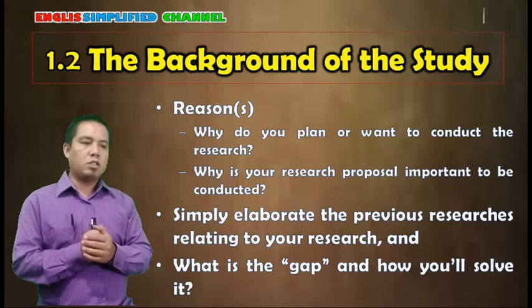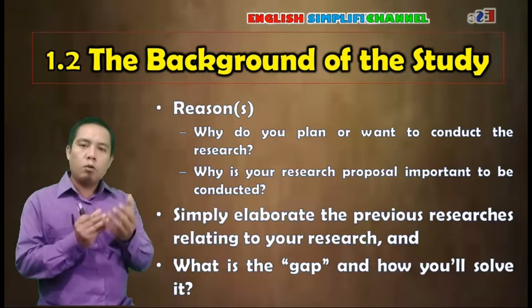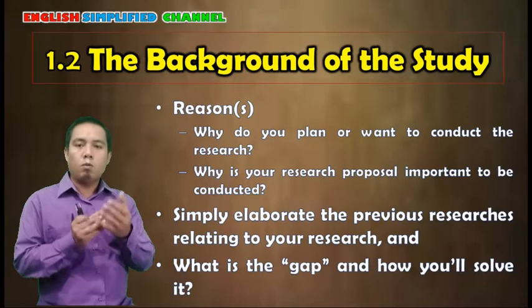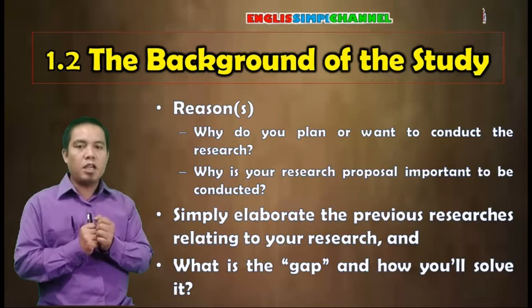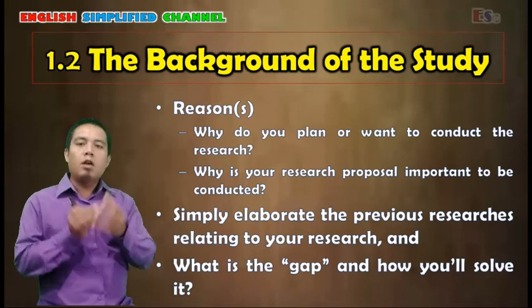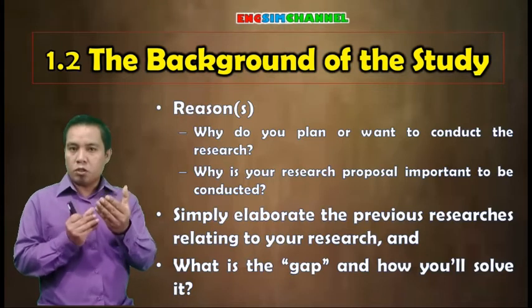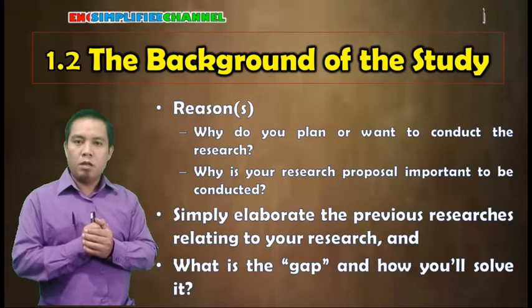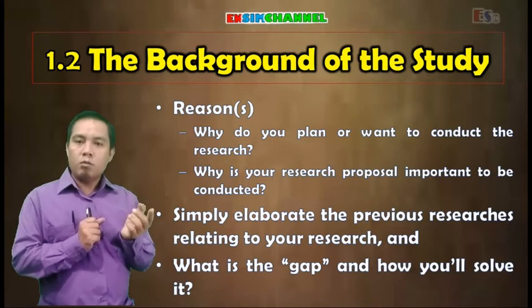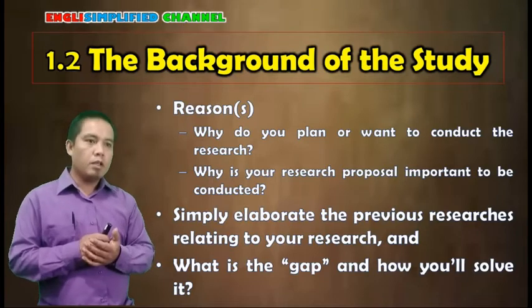The question is, what is a gap? Gap is what you want to find out, what you want to answer. So simply I can say that the gap is going to be your research problem or your research question of your research proposal. That will be your research question later on.